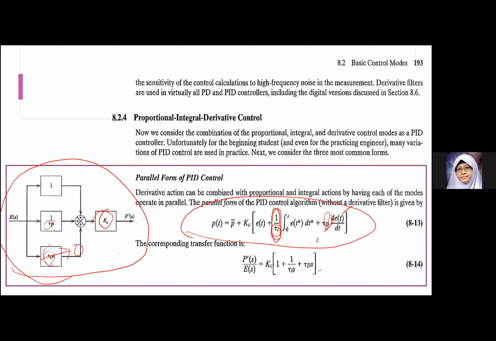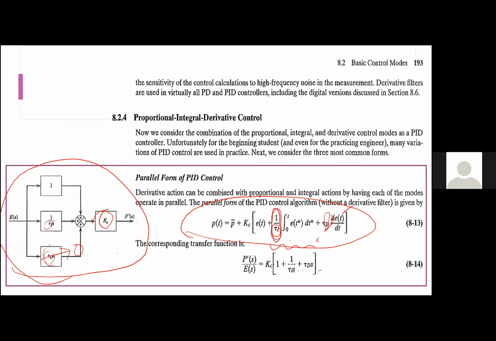What about the integral part? What if we want to eliminate the integral part? What should we set tau I to? Infinity. Can we set it as infinity in the real world?